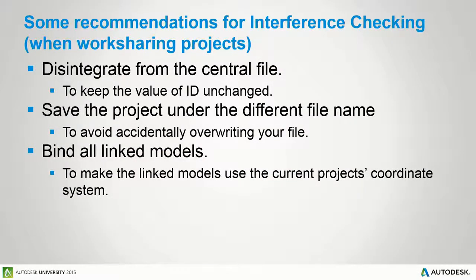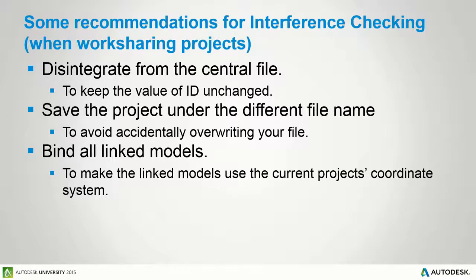Okay, some recommendations, however, for interference checking, especially when we are having work sharing projects here. First, we have to detach the project file from the central file. The purpose of that is, if you don't do that, you have to perform the interference check and export the interference report every time you open your project.